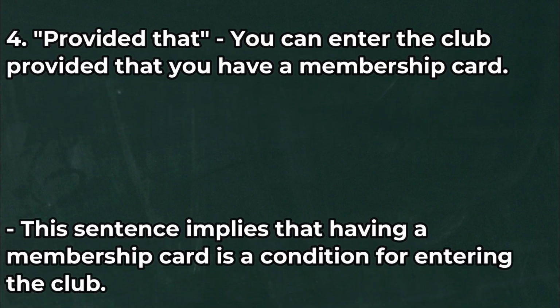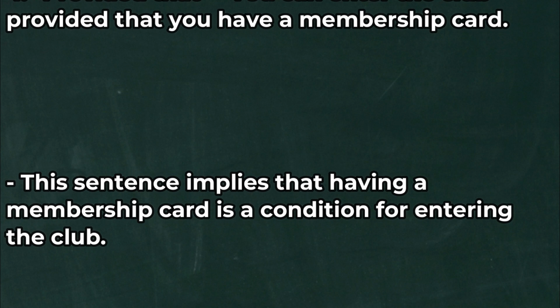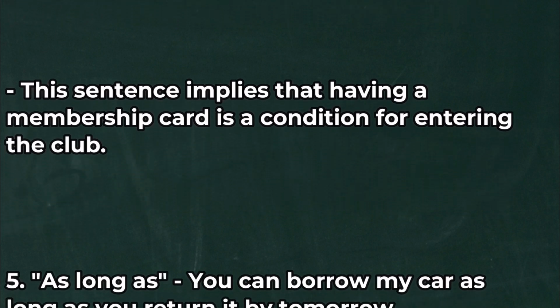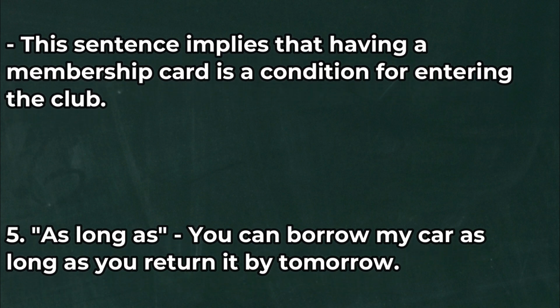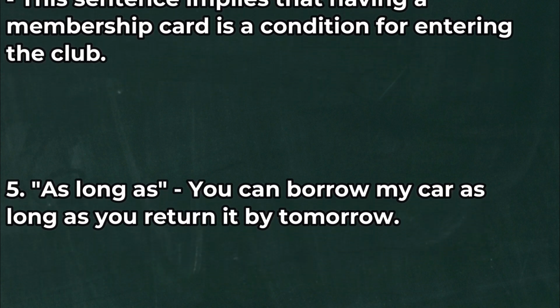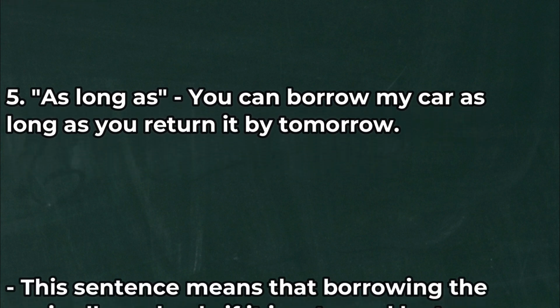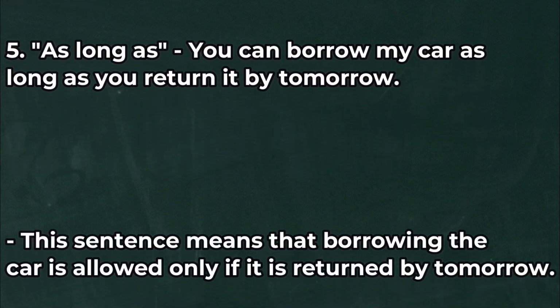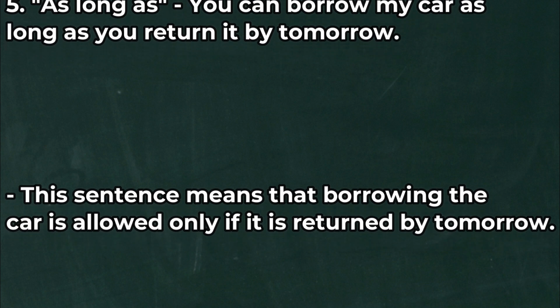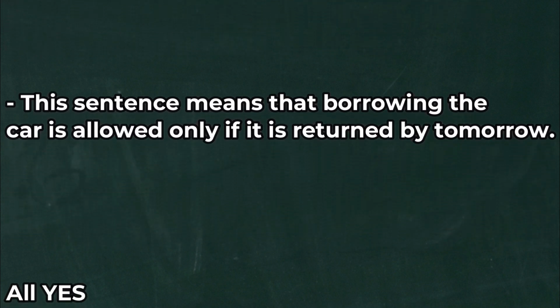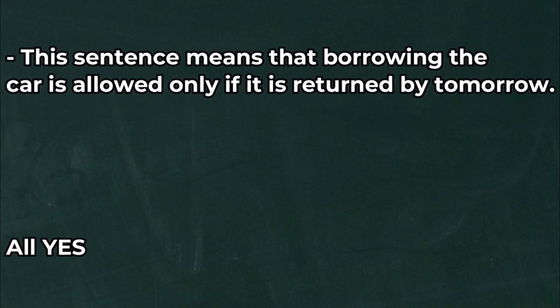This sentence implies that having a membership card is a condition for entering the club. 5. You can borrow my car as long as you return it by tomorrow. This sentence means that borrowing the car is allowed only if it is returned by tomorrow. All the sentences are yes.